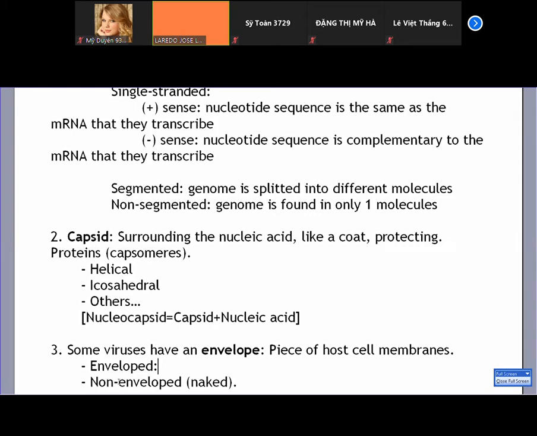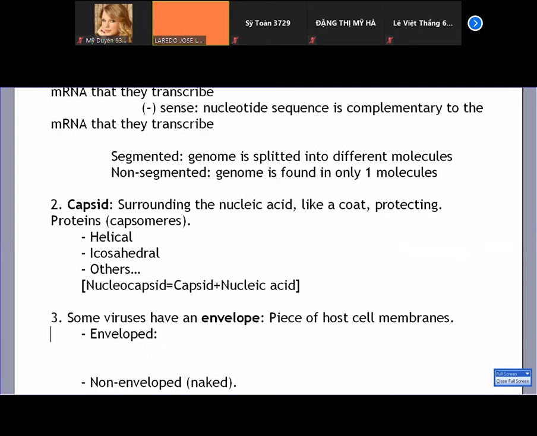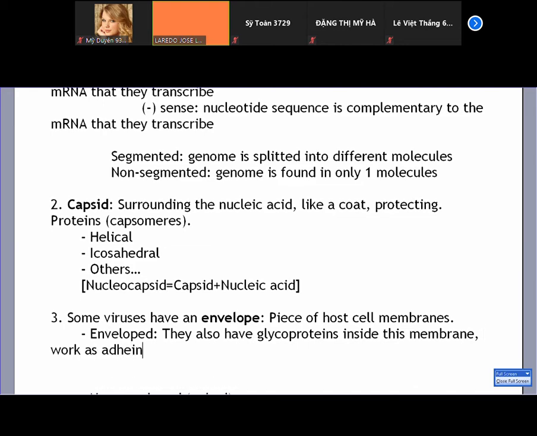Enveloped viruses may also have proteins in this membrane. These proteins are glycoproteins inside this membrane, and these glycoproteins work as adhesins.